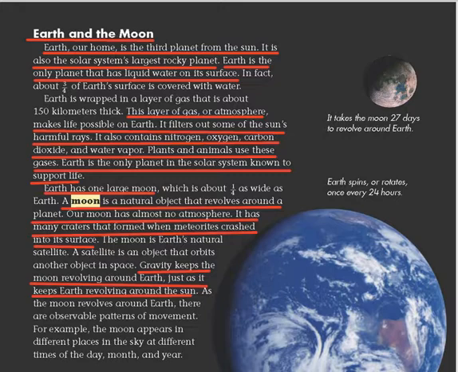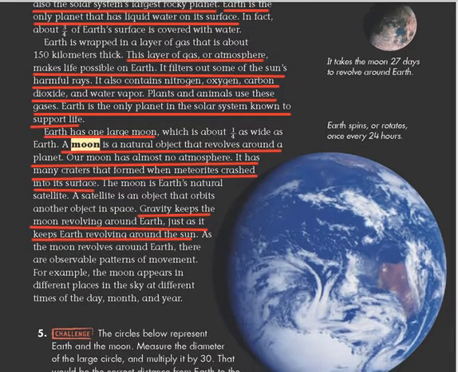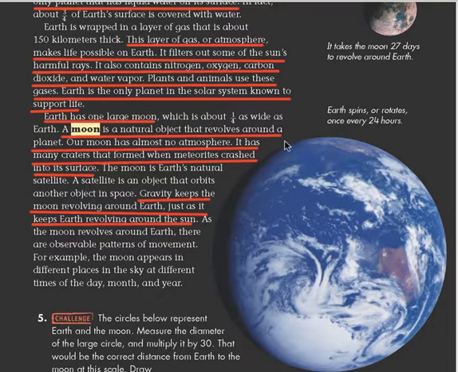So actually, the planet of Earth is surrounded by an atmosphere which is different than Mercury. The atmosphere of the Earth is what makes life possible on Earth actually, because it filters or absorbs some of the sun's harmful rays. That's why it prevents the Earth from being so hot.